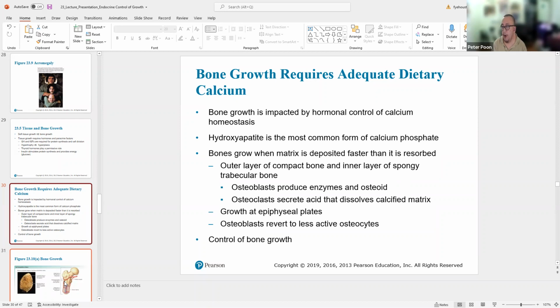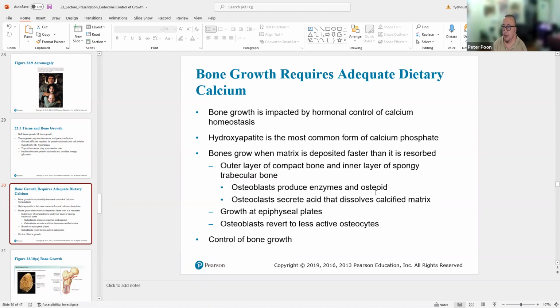Bones grow when the matrix is deposited faster than it's reabsorbed, and there's the outer layer of compact bone and the inner layer of trabecular bone. So you're going to grow more layers on the outer layer of the bone and also the inner layer of the spongy bone.